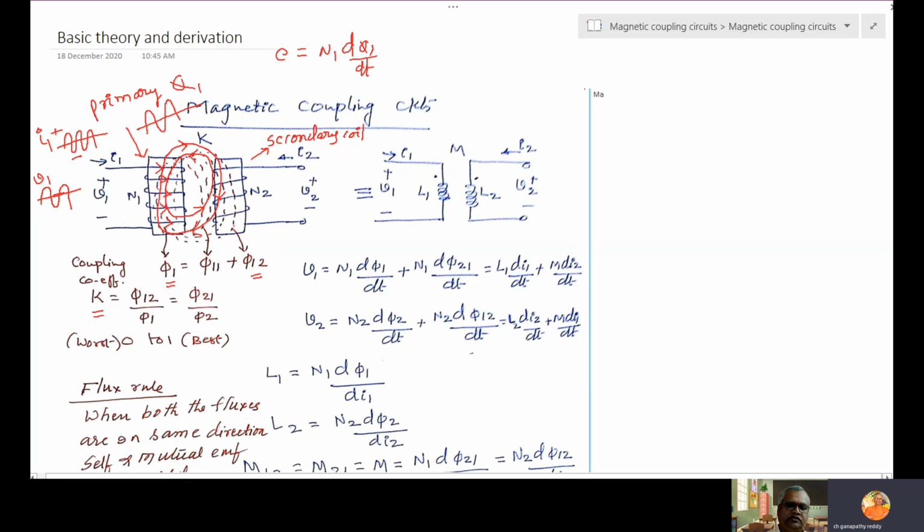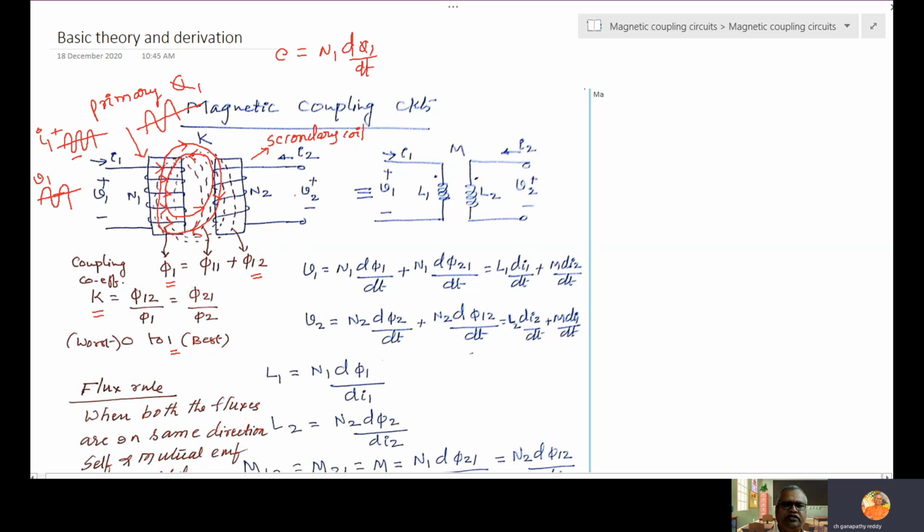If the secondary coil is closer and closer, phi12 becomes almost phi1, and K will become 1. So 0 is the worst coupling, 1 is the best coupling. The coupling coefficient value changes from 0 to 1.